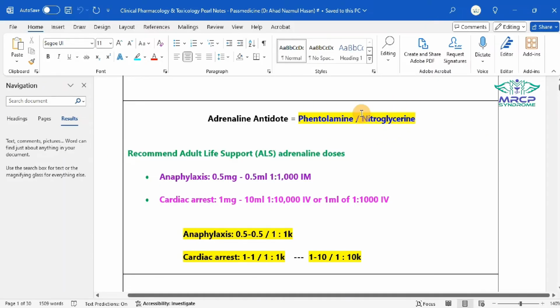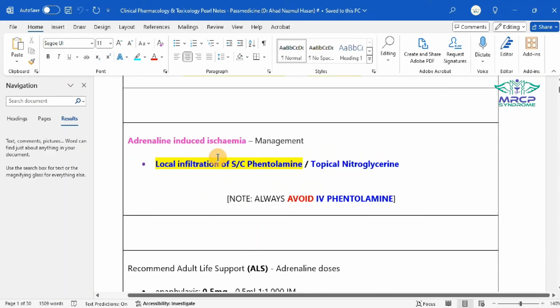If both topical options are there, then go for the local infiltration of phentolamine. And sometimes to make the question more complicated, they will give options like IV phentolamine and topical nitroglycerin. So always remember, you should always avoid the parenteral route like IV phentolamine. So first priority would be local infiltration of subcutaneous phentolamine.